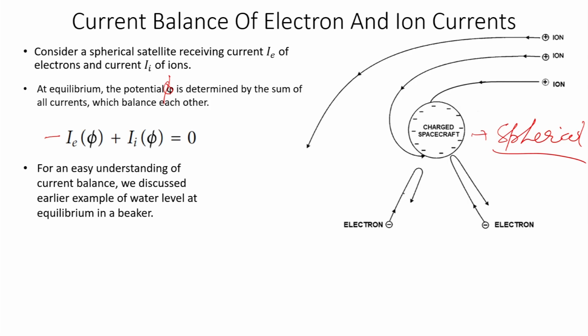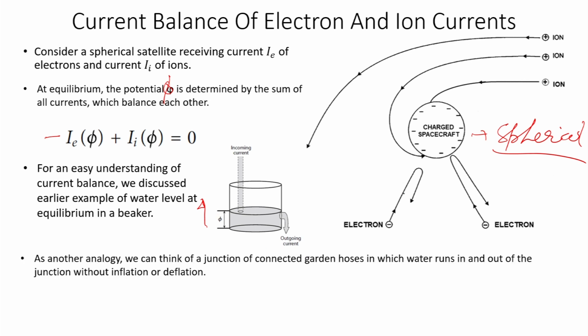This is the incoming current, so you can consider the plasma flux, and phi is the potential. Whenever the balance is not there, as when you are pouring water, phi will increase. But when you make an outlet and balance the incoming and outgoing fluxes, phi will remain constant. This is Kirchhoff's current law.